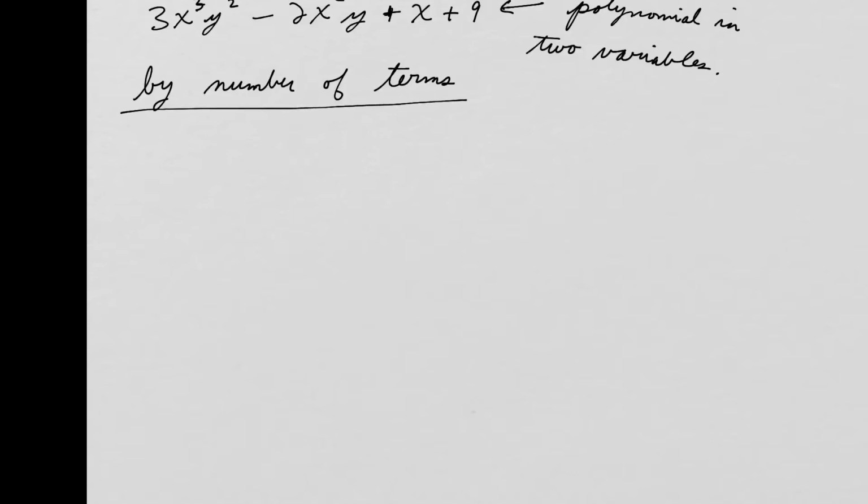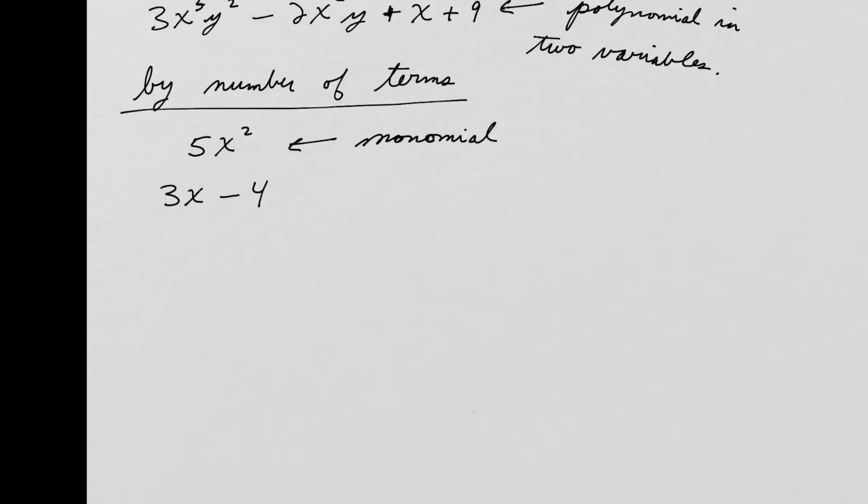So if it has just a single term, let's say 5x squared, this is what we already talked about. This is called a monomial. Right? Mono means like one, right? So monomial. If it has two terms, and it can be anything with two terms, let's say, 3x minus 4.